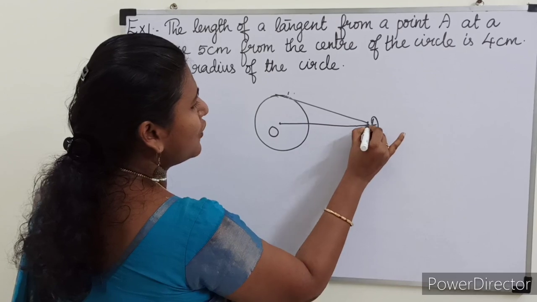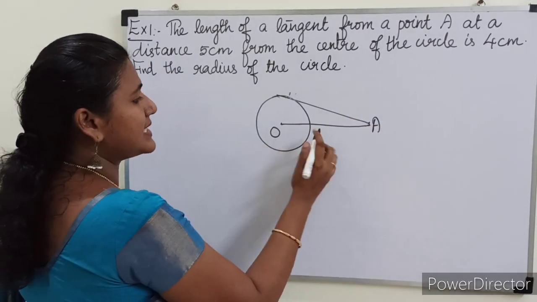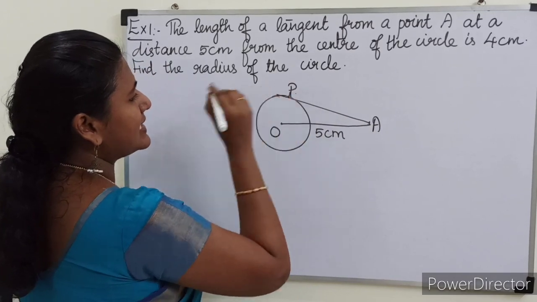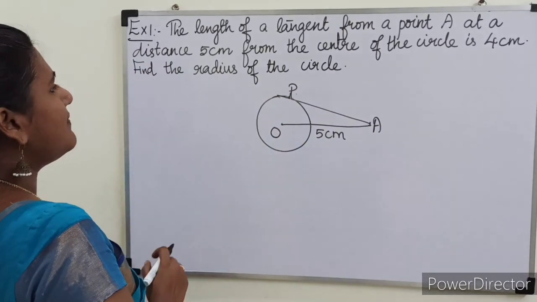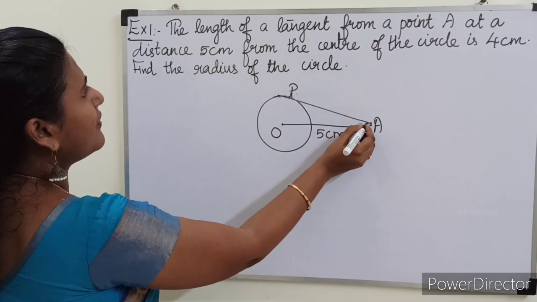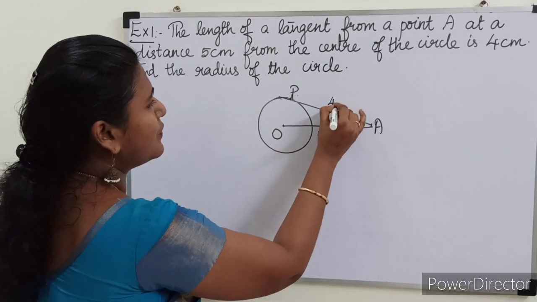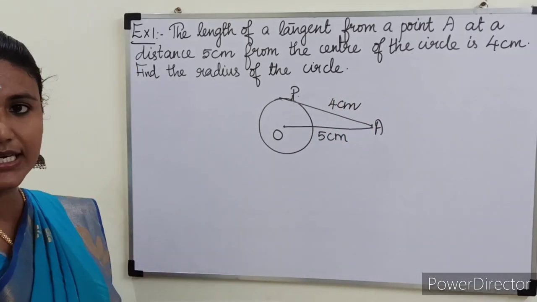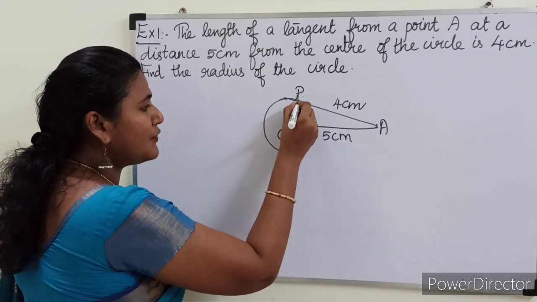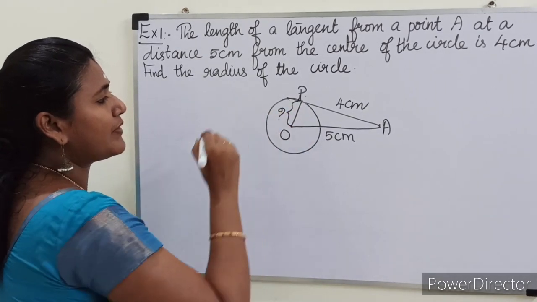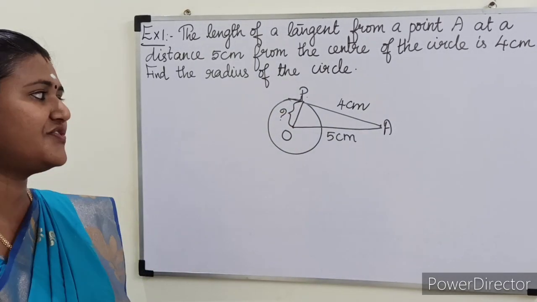So the distance of this point A from the center is 5 cm, and we will take this tangent as AP. Then the length of the tangent is given as 4 cm. Then we have to find the radius of the circle. So we have to find the OP length.